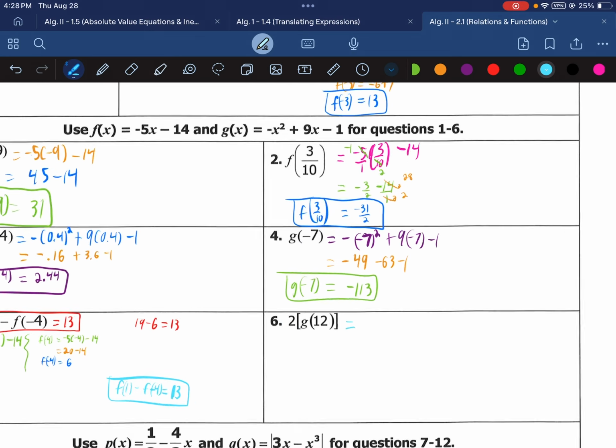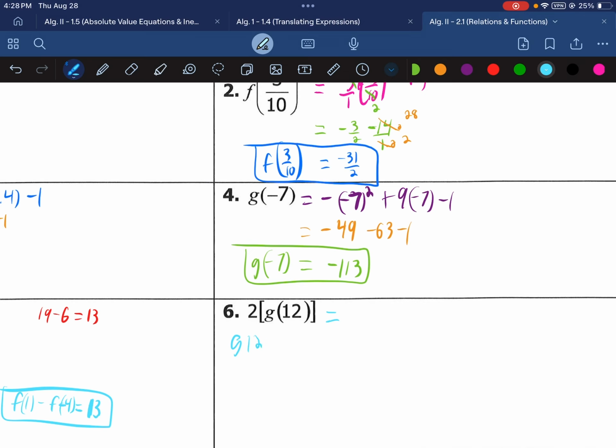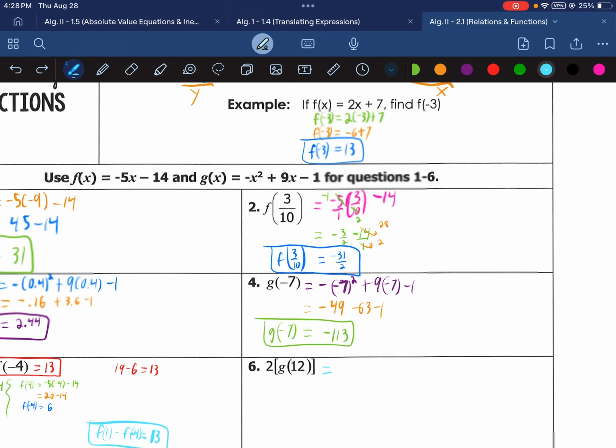Now, you can go ahead and either do g of 12 off to the side and then double it at the end, or a way I like to write it personally is I'm going to plug 12 into g and get negative 12 squared with the negative outside the parentheses there, plus 9 times 12 minus 1, and I'm going to put the whole thing in that bracket with 2 multiplying it. So inside is g of 12, outside is this 2.